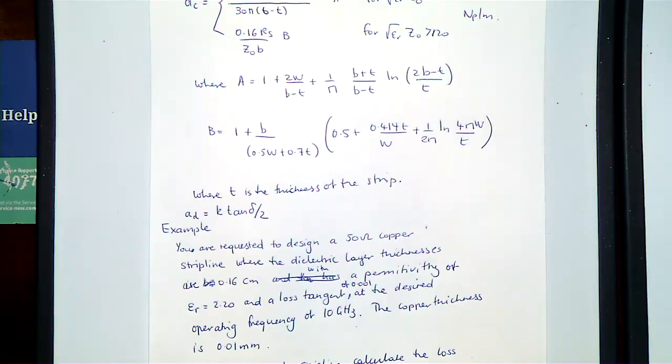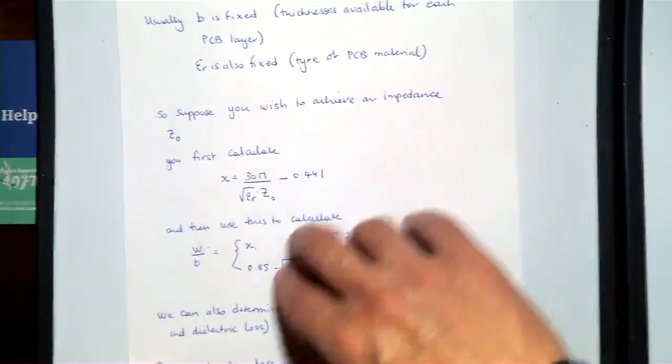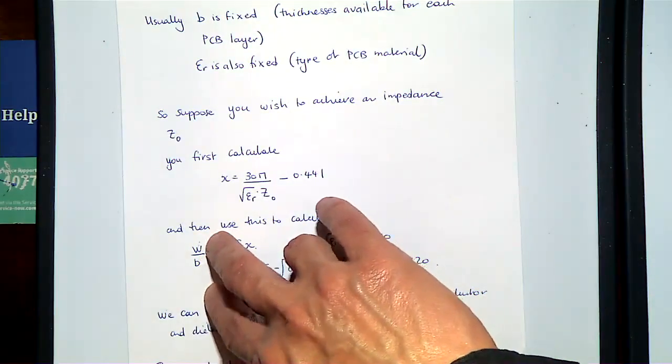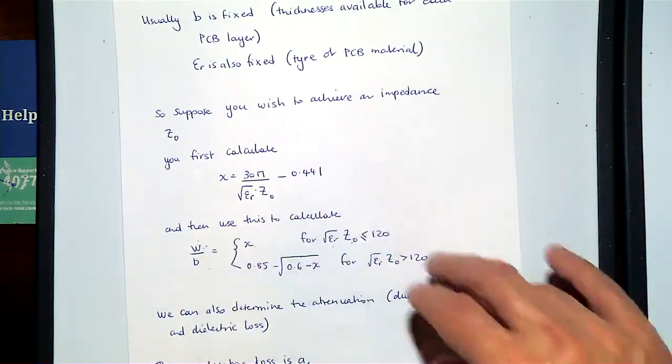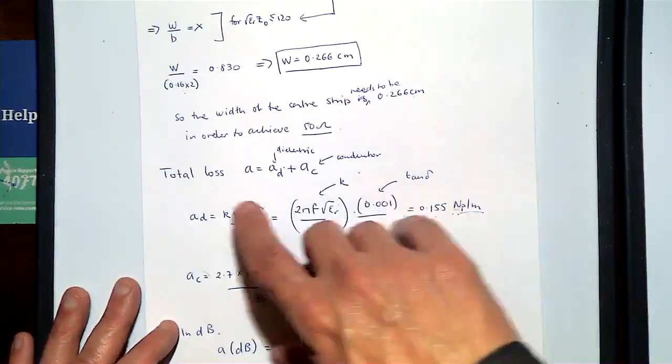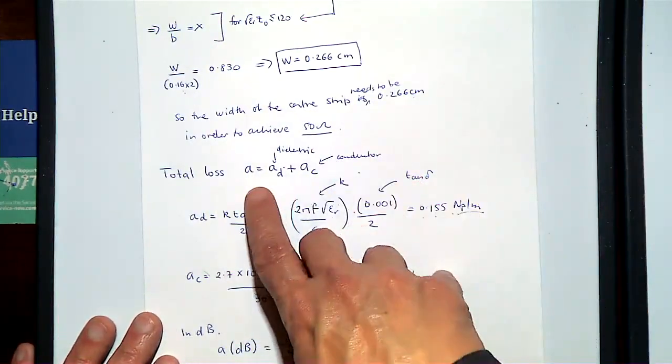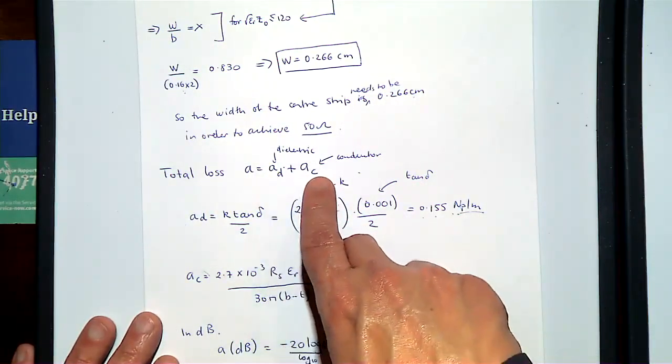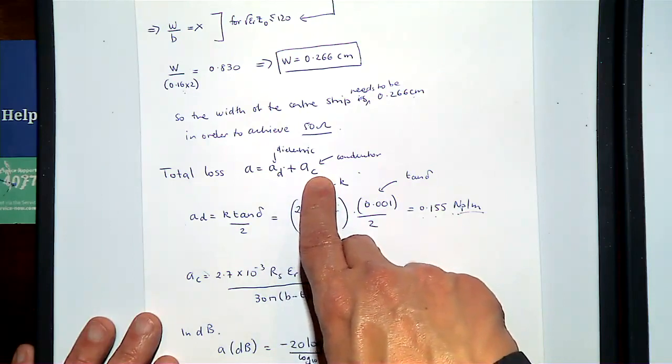And from there, as we showed in the example, you were able to work out not only the thickness and the properties of the dielectric of the conductor that you required, but also what you were able to do is estimate the total loss, which was essentially the loss due to the dielectric and the loss due to the conductor loss. All right?